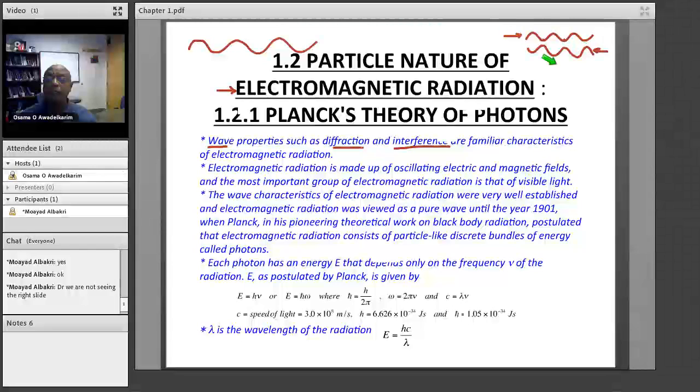If you add these waves, then they cancel one another, and you just get no wave, or a zero wave. This is called interference, destructive interference. So waves interfere, and in this case, they interfere destructively.